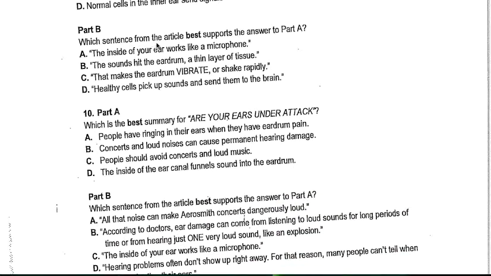Part B. Which sentence from the article best supports the answer to Part A? The inside of your ear works like a microphone. The sounds hit the eardrum, a thin layer of tissue that makes the ear vibrate or shake rapidly. Healthy cells pick up sounds and send them to the brain.